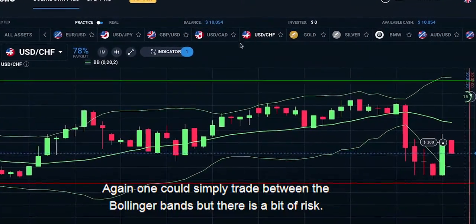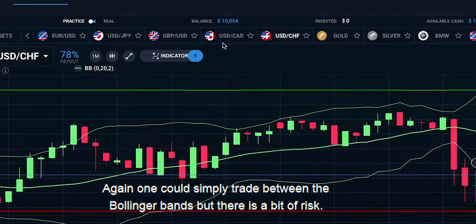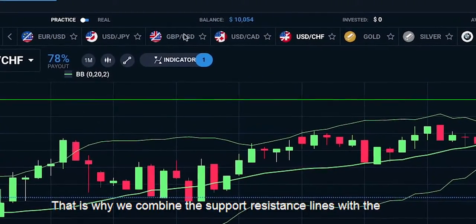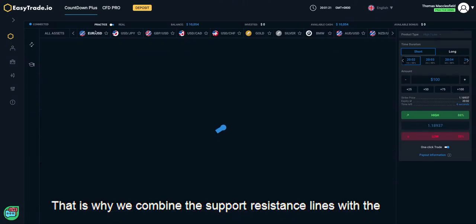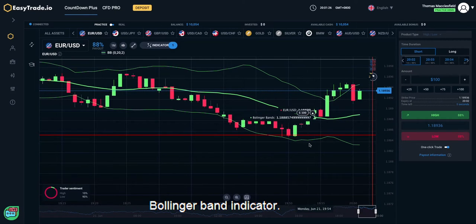Again, one could simply trade between the Bollinger Bands, but there is a bit of risk. That is why we combine the support resistance lines with the Bollinger Band indicator.